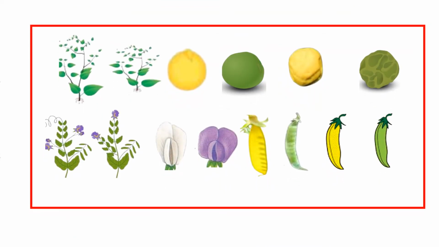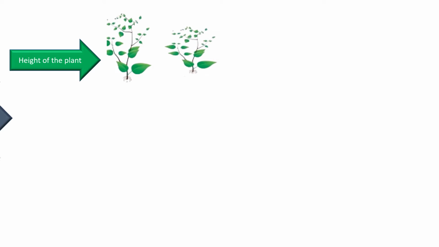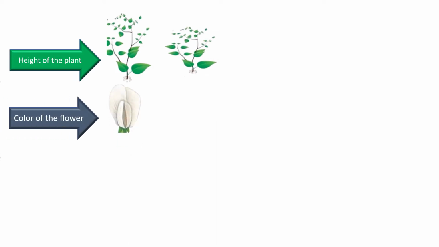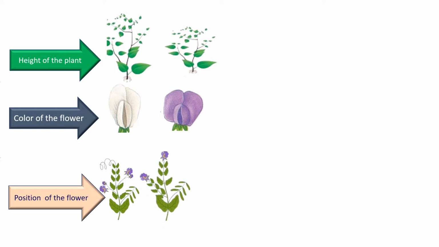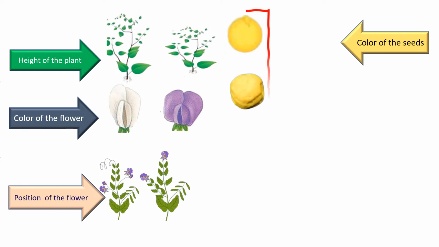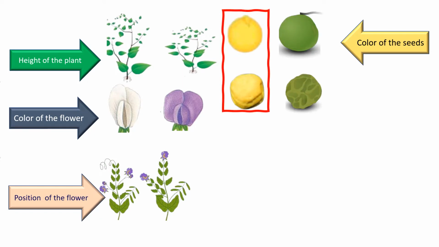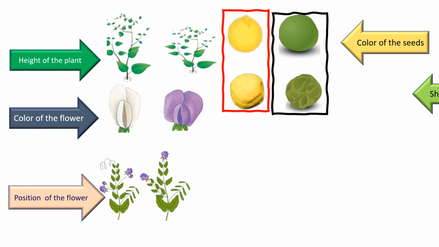Mendel carried out crosses on 7 traits of pea plants. Height of the plant: tall plants, dwarf plants. Color of the flower: white flowers, purple flowers. Position of the flower: axial flowers, terminal flowers. Color of the seeds: yellow seeds, green seeds.